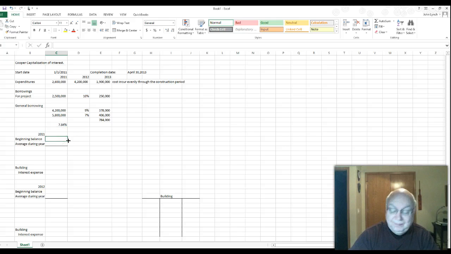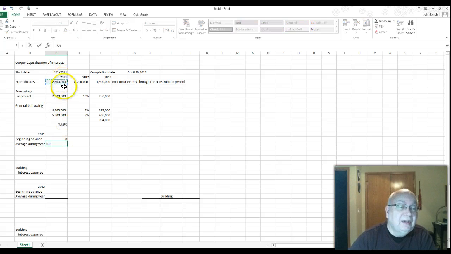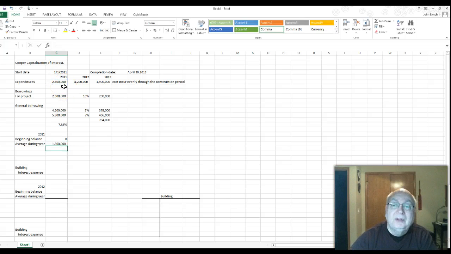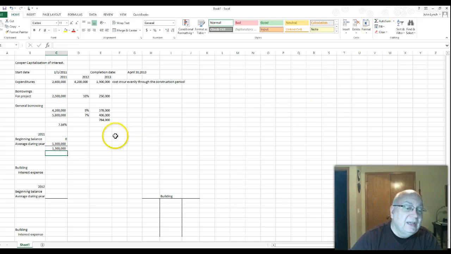Now, to calculate the interest, for 2011, our beginning balance was 0 because we hadn't done anything yet. Now, to get the average during the year, you take the expenditures for the year and divide it by 2 because we want the average for the year. And so the total amount subject to capitalization for interest is $1,300,000.